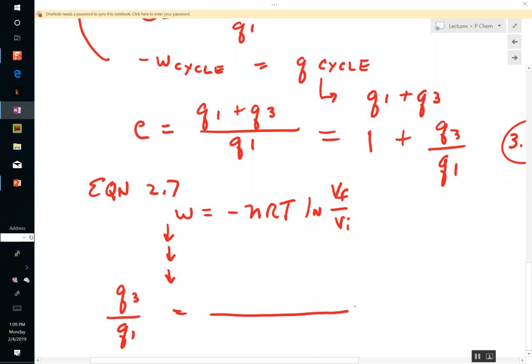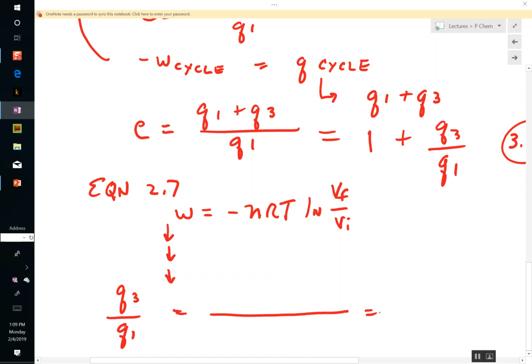You get a big ratio right here where nRT all crosses out, and you can move this over into temperatures instead of the volumes.